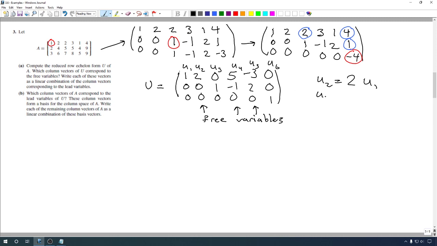U4, well, we can make that up by taking 5 times U1 and then subtracting U3. And then finally, for U5, U5 is just -3 times U1 plus 2 times U3.